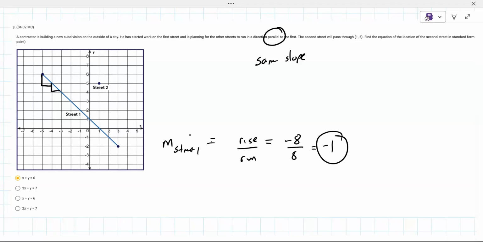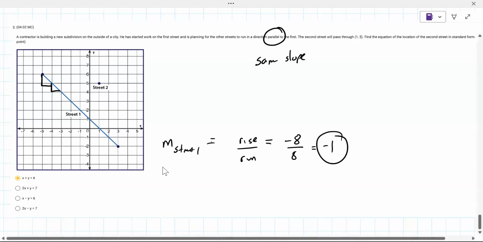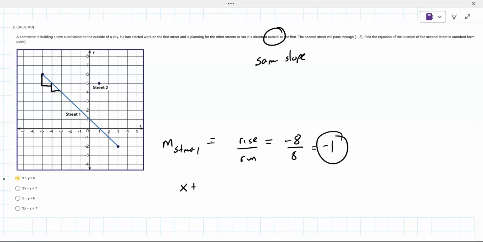Now, parallel means they have the same slope. Okay, so x plus y equals 6. If you solve for y, you get the slope. So solve for y, you get minus x plus 6. What is the slope of that one?